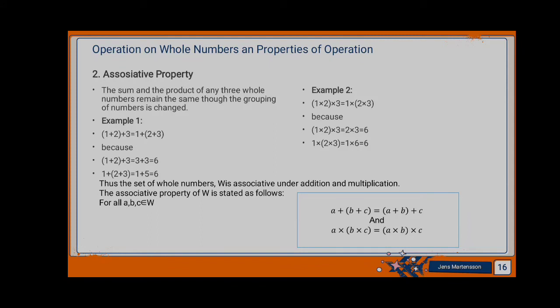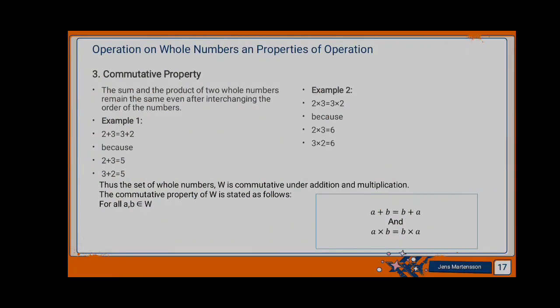Thus, the set of whole numbers is associative under addition and multiplication. The associative property of W is stated as follows: for all a, b, c in W.